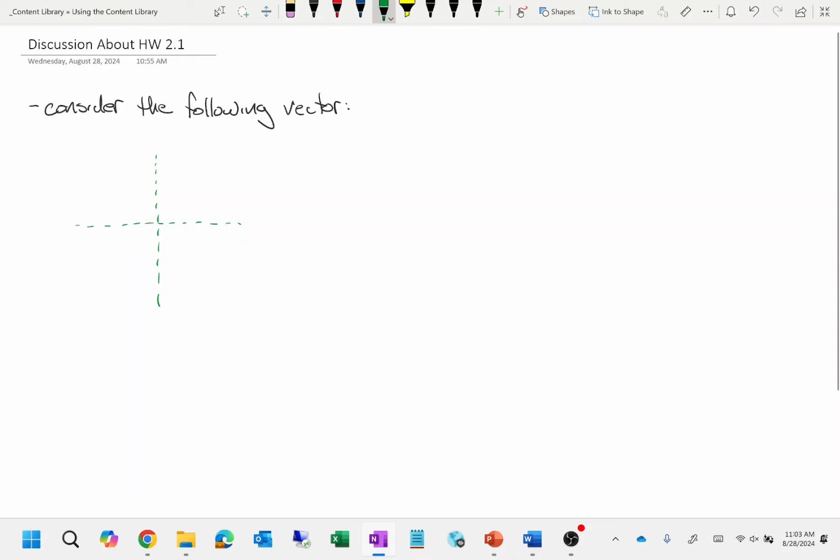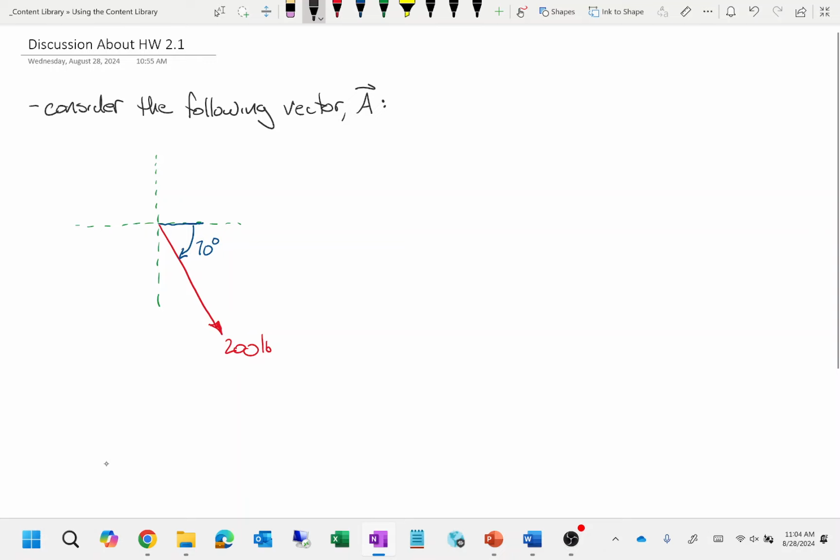Let's assume that we have a magnitude of 200 pounds, and let's assume that we have been given an angle of 70 degrees. Now, I'm really just making this up, okay? So I have 200 pounds at some angle down from the horizontal of 70 degrees. And we'll call this vector A.